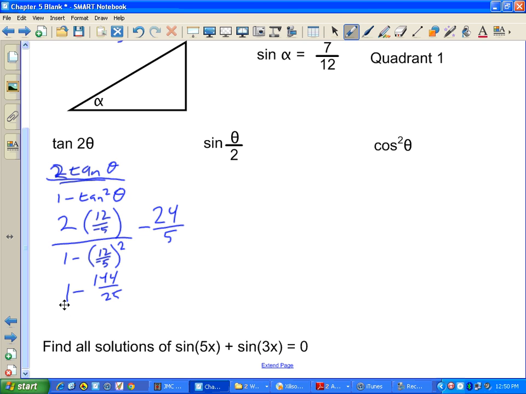I need to subtract that from 1. 1 is 25 25ths. If I subtract 144, I'm going to get 14 minus 5 is 9, 119. So on the bottom of this, I've got negative 119 over 25. So to divide, we're going to multiply by the reciprocal.